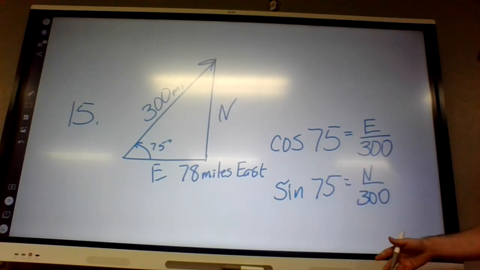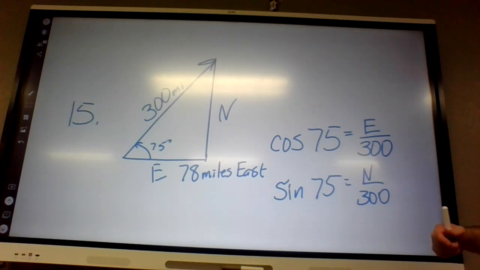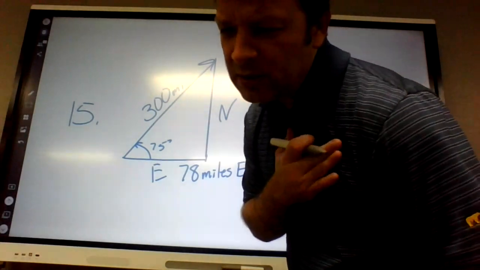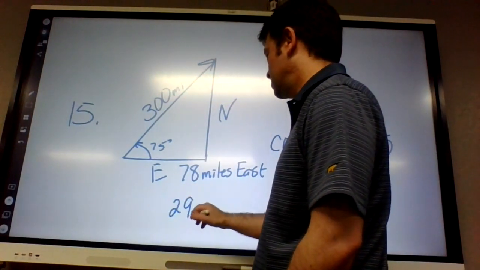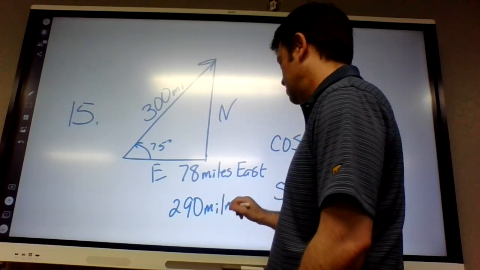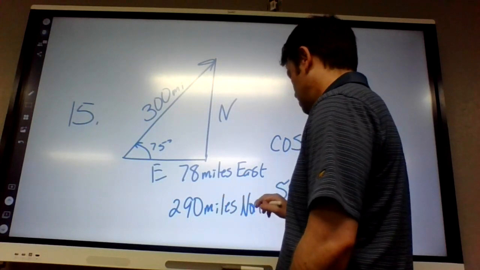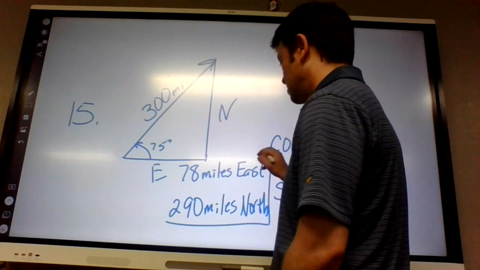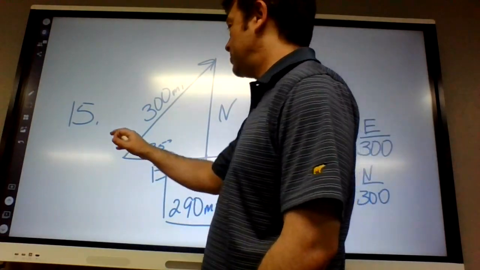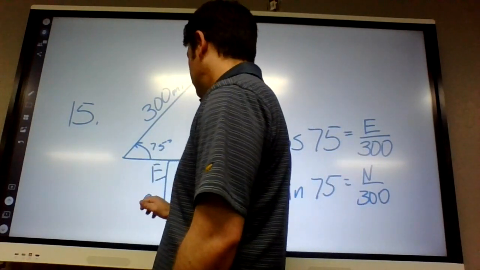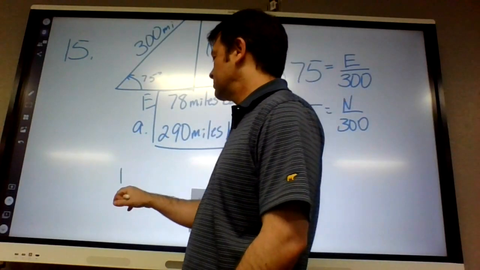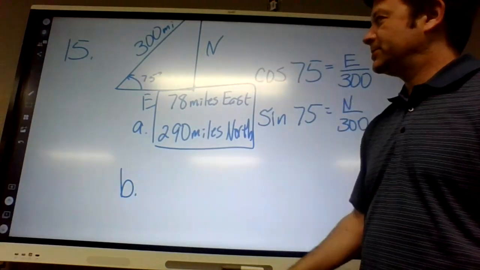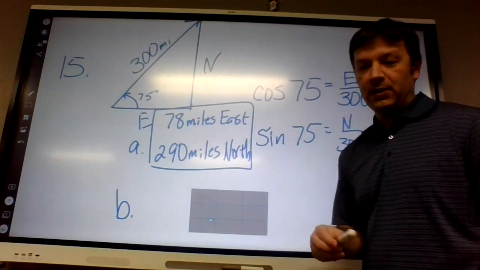Same thing, just sine of 75 times 300. Okay, actually that's just the A question. B is challenging.